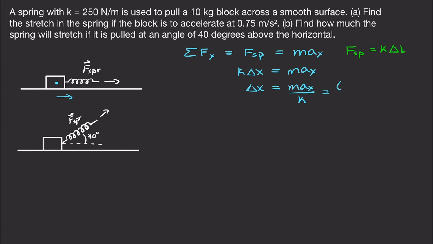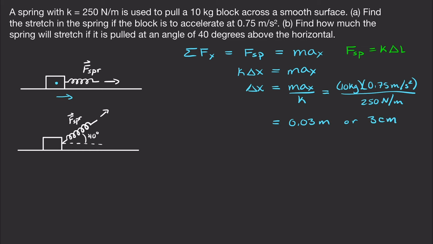If we plug in, we have our 10 kilogram block times 0.75 meters per second squared, all over the 250 newtons per meter spring constant. And we get that it will stretch 0.03 meters, or 3 centimeters.